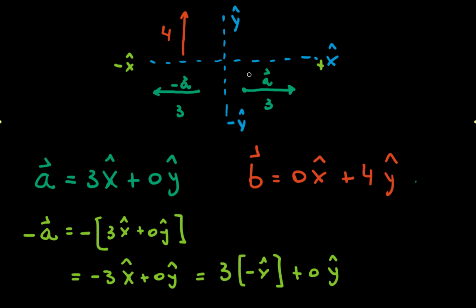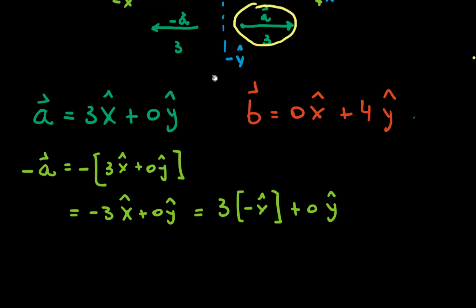I want to focus on arrow A right here, and arrow B right here. Note how A is to the right, B is up.